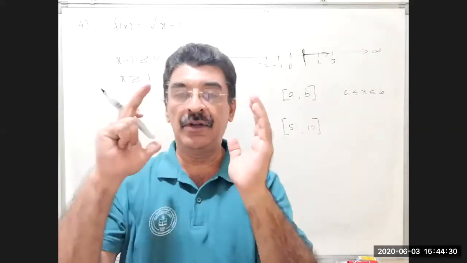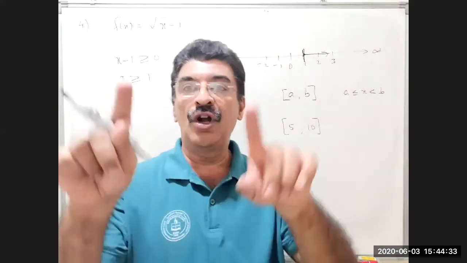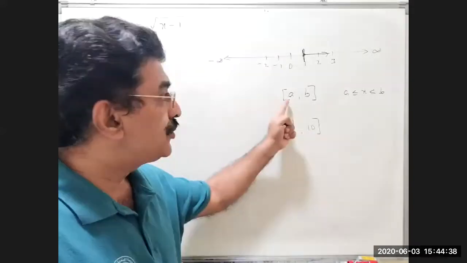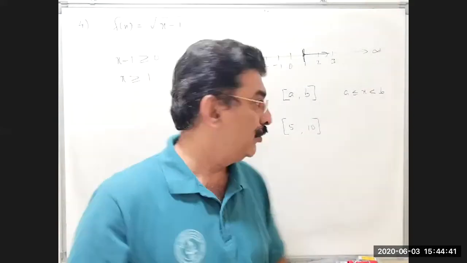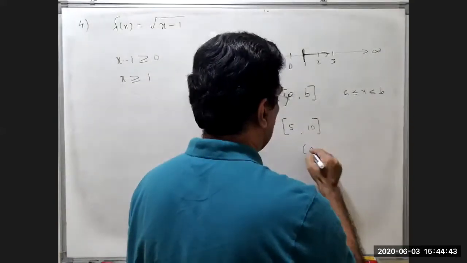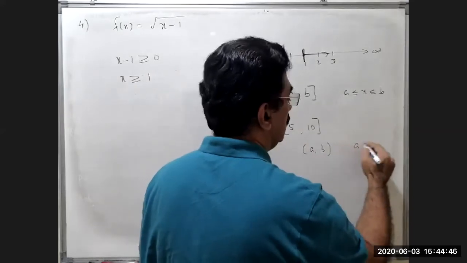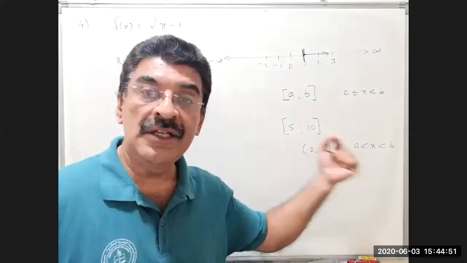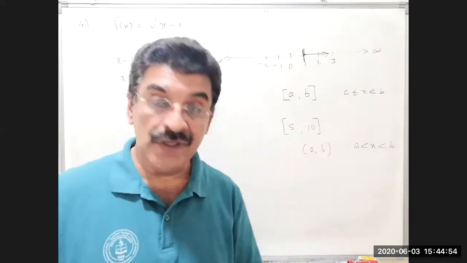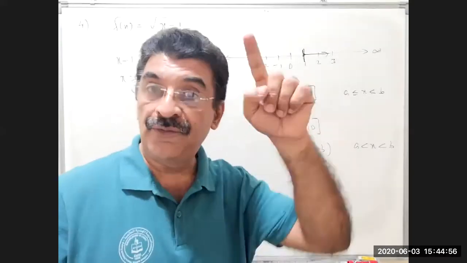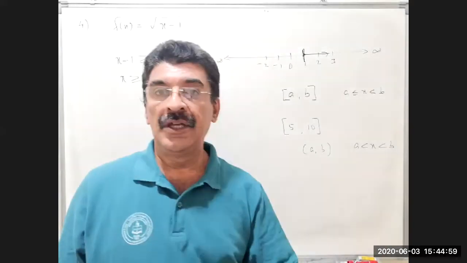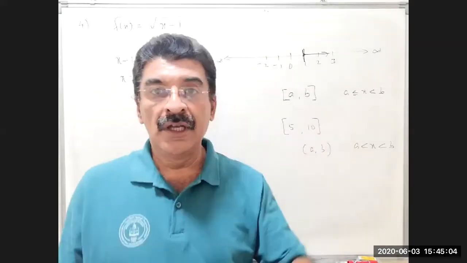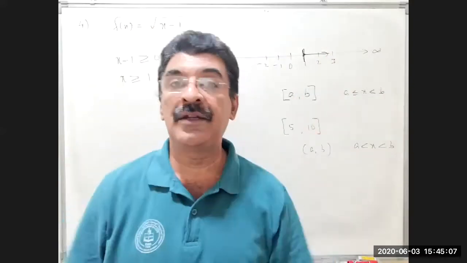That is why for representing real numbers, we always use intervals. A closed interval means including the extreme values, whereas an open interval means excluding them. In that case, we say numbers between A and B. This one is numbers from A to B, including A and B, which is the closed, square bracket.